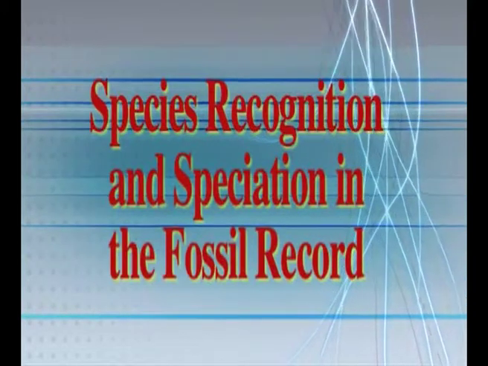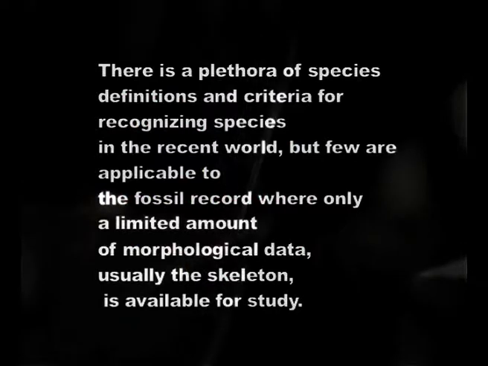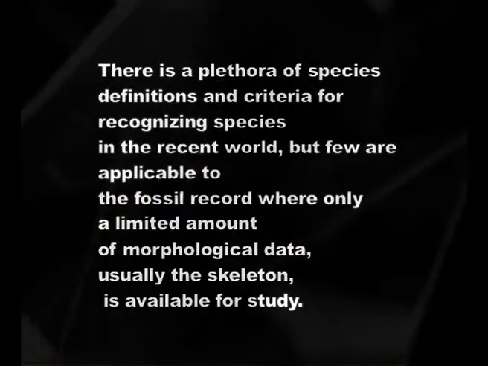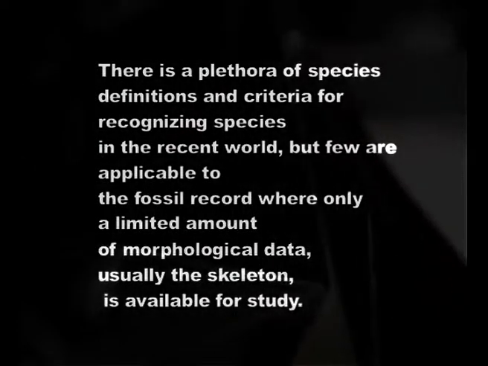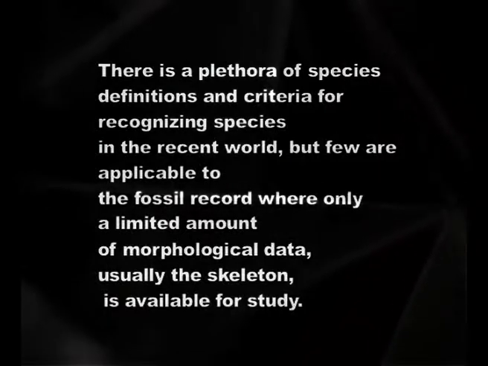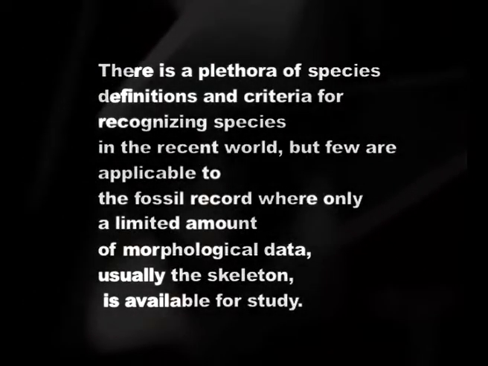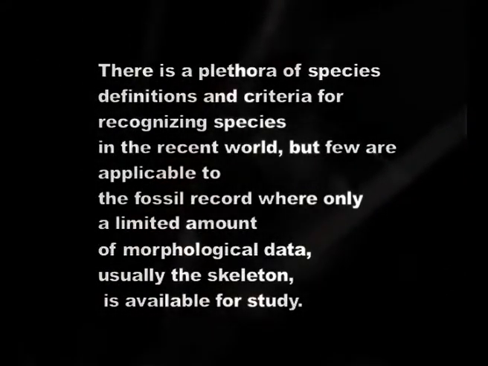Species recognition and speciation in the fossil record. There is a plethora of species definitions and criteria for recognizing species in the recent world, but few are applicable to the fossil record, where only a limited amount of morphological data, usually the skeleton, is available for study.